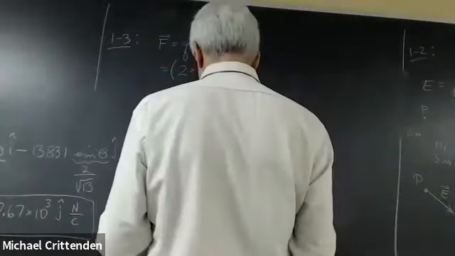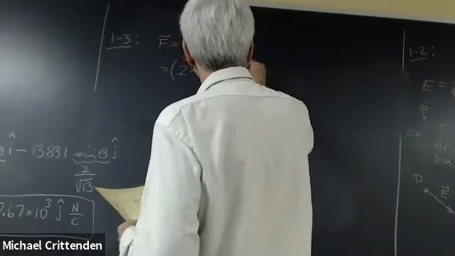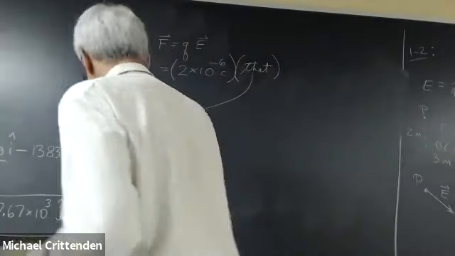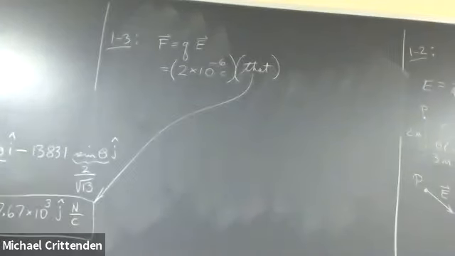The field that you placed it in is, I don't feel like writing it all down again. 2 times 10 to the negative 6 times that.